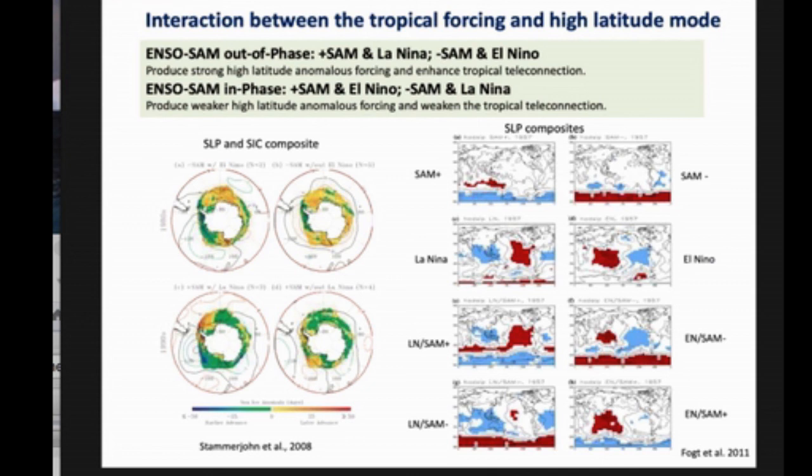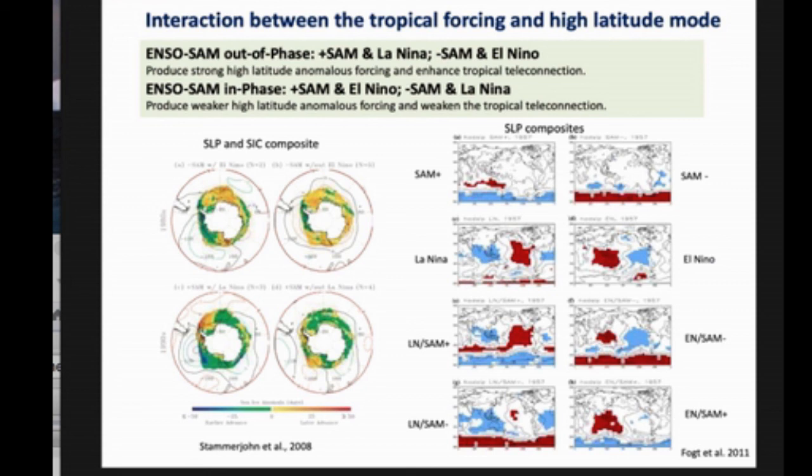And another, this is out of phase: negative SAM with El Nino. And you make this stronger, significant high pressure centers. And they call it in phase, La Nina with SAM negative and El Nino with SAM positive, and you cancel out the effect on the anomaly signal.